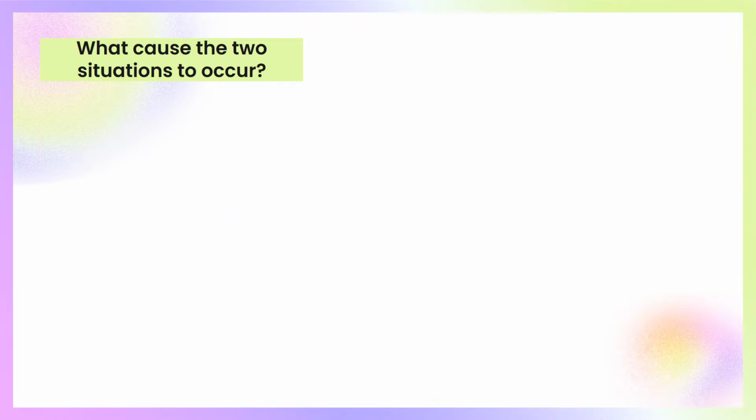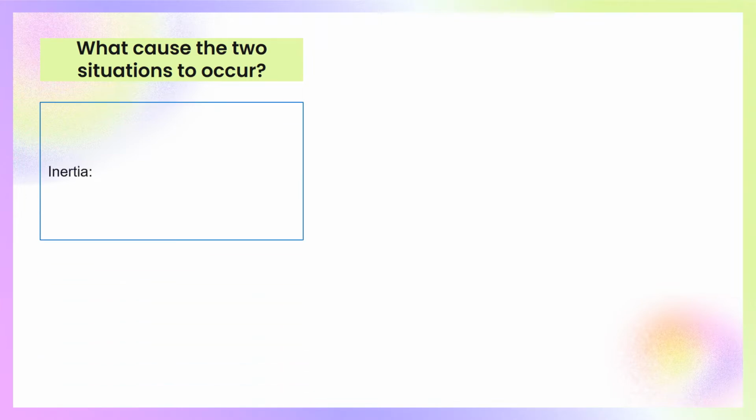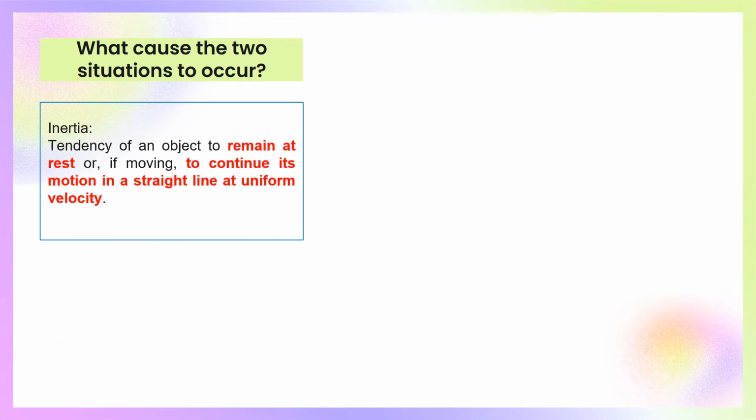So, the question is, what caused the two situations to occur? This can be explained by the concept of inertia. What is inertia? Inertia is the tendency of an object to remain at rest or, if moving, to continue its motion in a straight line at uniform velocity.